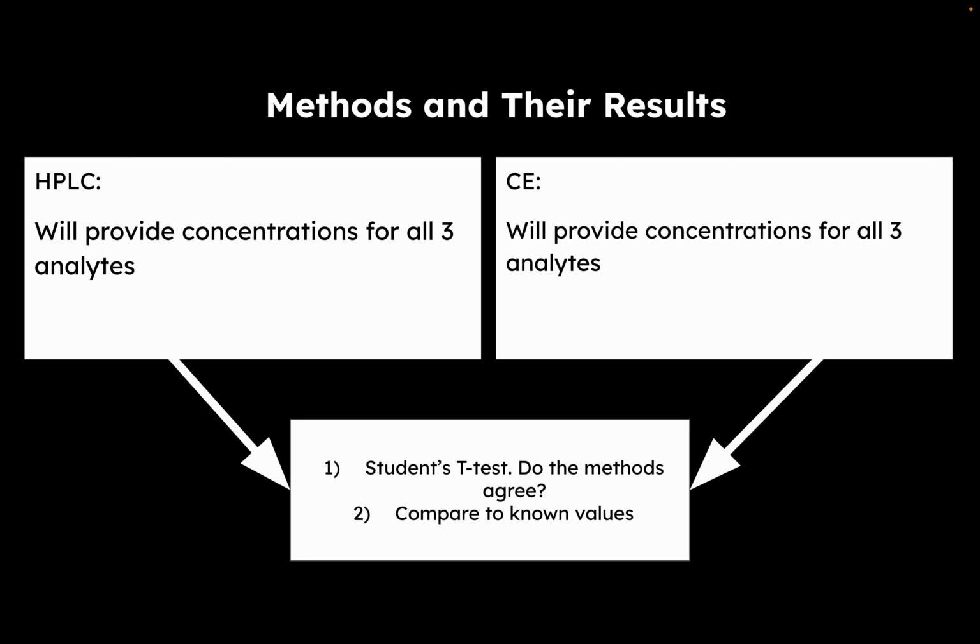The way I'm going to get precision and accuracy is I'm going to see, okay, do the values that I got from both methods compare with known values? So the two statistical tests will give me a very clear idea of, one, are the two methods comparable, and two, do they agree with what the rest of the world says?